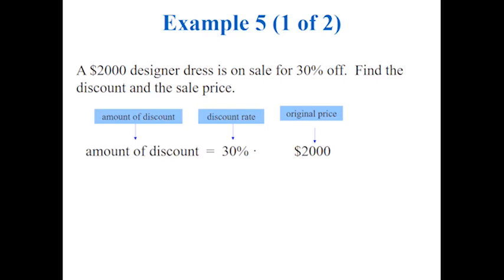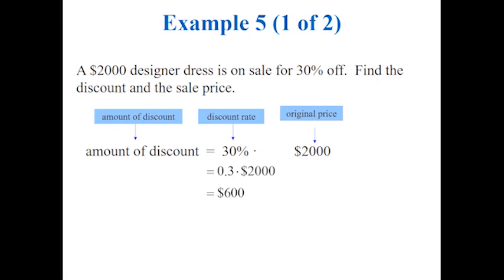And notice when we plug into amount of discount equals discount rate times original price, it's exactly the same as asking what is 30% of 2,000. To do the math, 30% becomes 0.3. 0.3 times 2,000 is 600. So the amount of the discount is 600.